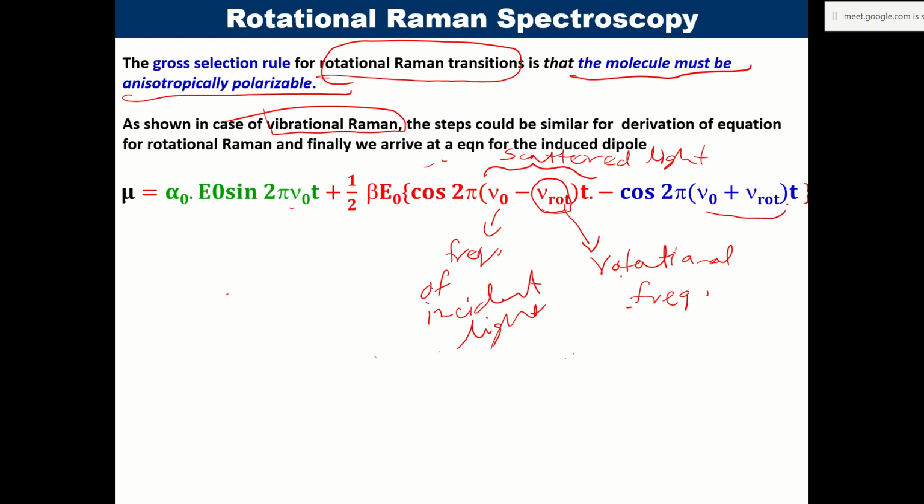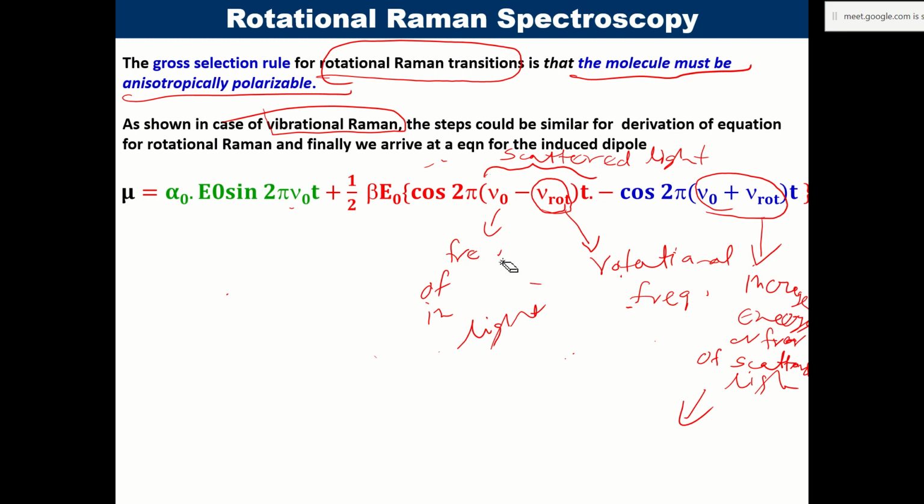And in the other case, this has been used in the molecule, and the energy of scattered light has increased. In this case, the increased energy or frequency of scattered light, again it is Raman scattering, but is anti-Stokes.